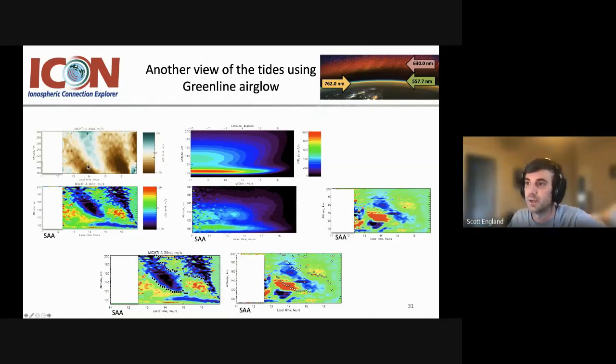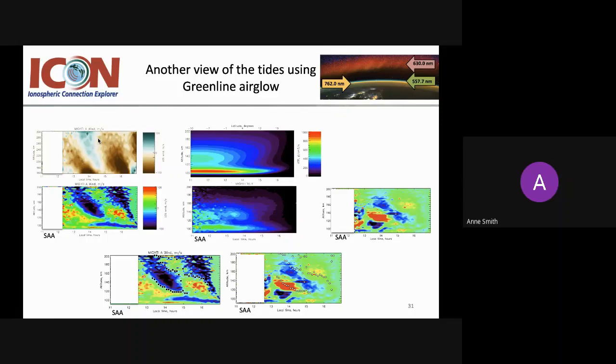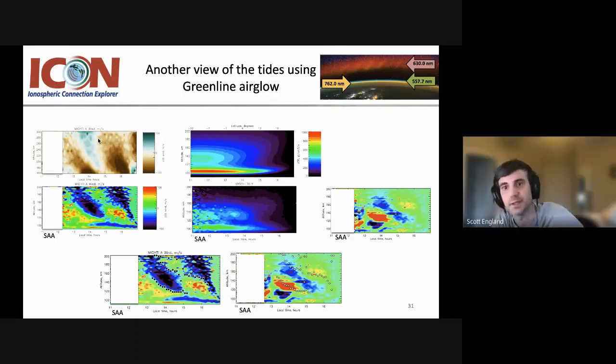But I'd argue we still see wind shears up here at 200 and something, even up to 300 kilometers, over at least large scales. So what you see is a combination of local forcing at all altitudes plus the response to forcing from below. You can try and pull that out by looking at the dominant wave numbers at each altitude, and that's something we're working on.